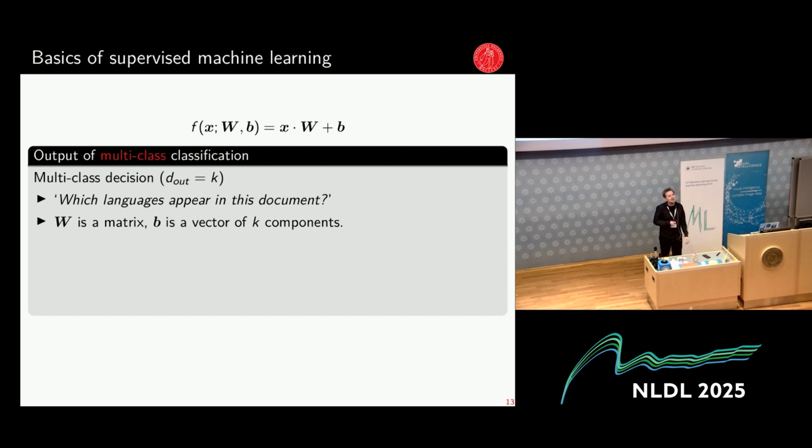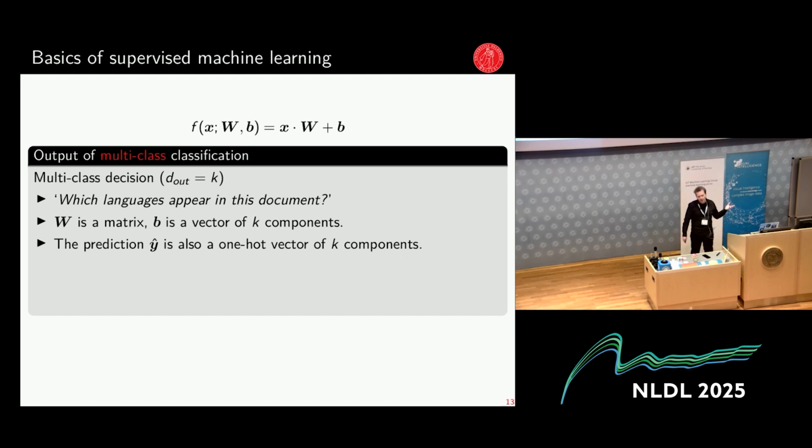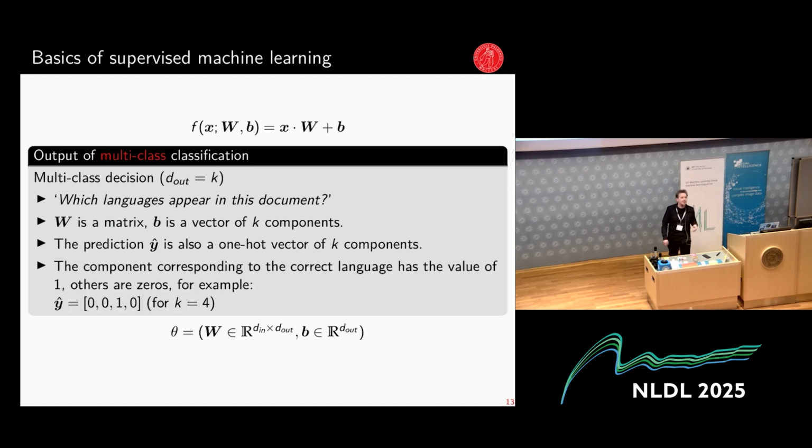And then W is a matrix, not a vector, but a matrix now, a table. And B is a vector, not a scalar number anymore. But the equation is still the same. We're still multiplying the input feature vector X by the weight matrix W and adding the bias term.